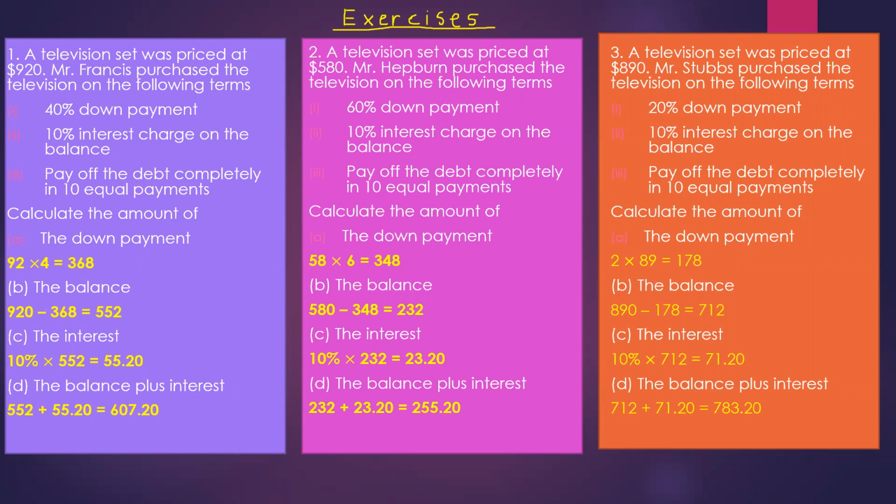To get the down payment, we put 20 over 100 times 890 over 1. After you cancel out the zeros, that leaves you with 2 times 89, which is 178.